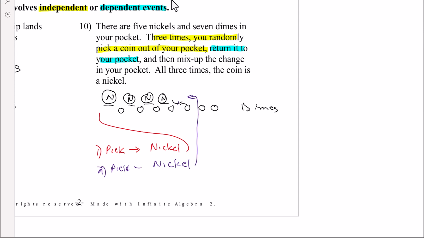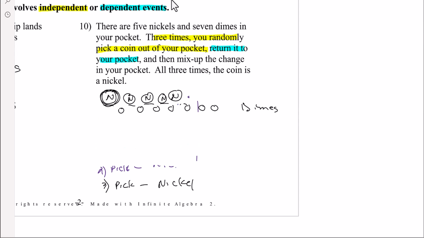So that coin is still in your pocket again. So pulling out a nickel each time had no bearing, because once you pulled the coin out, but then put the coin back, it was still there for the next time. So these would also be an example of independent events. Because of this phrase, you return the coins, this would be an example of independent events.